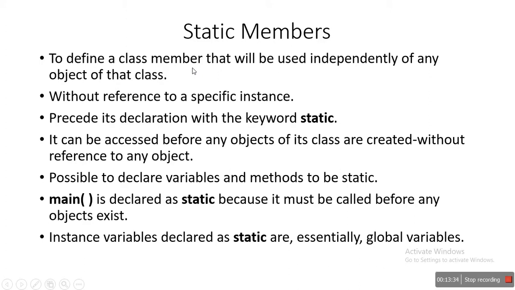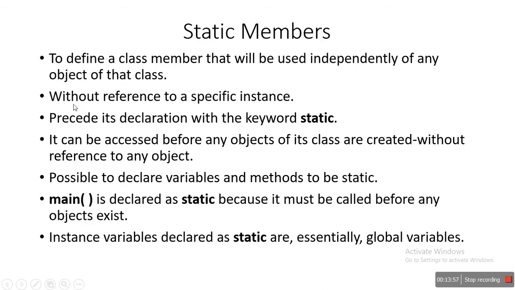If any member is declared as static, you can access it directly by using the class name, without using an object. That means before the creation of an object, you can access the static members. That is the first advantage.